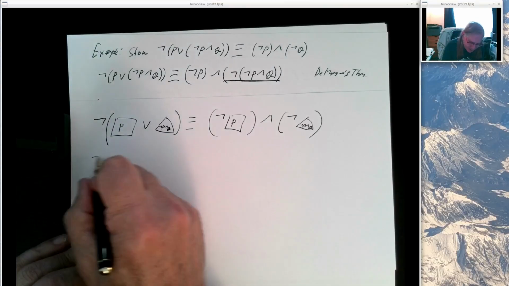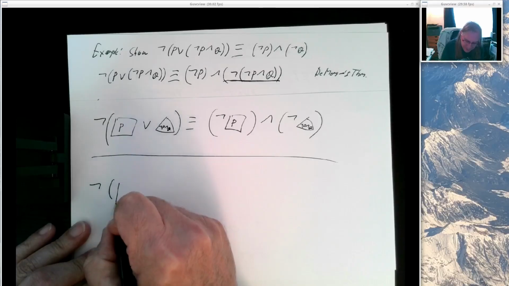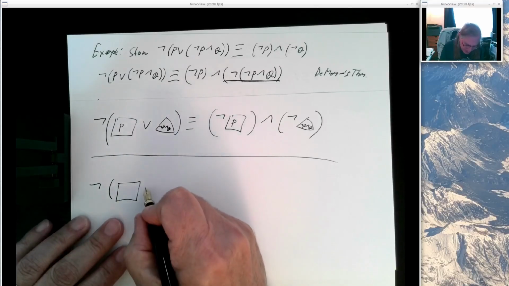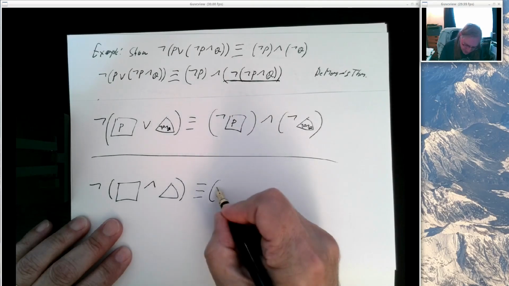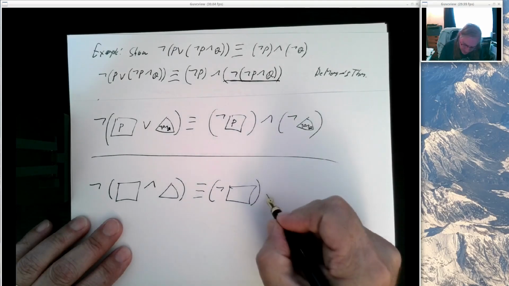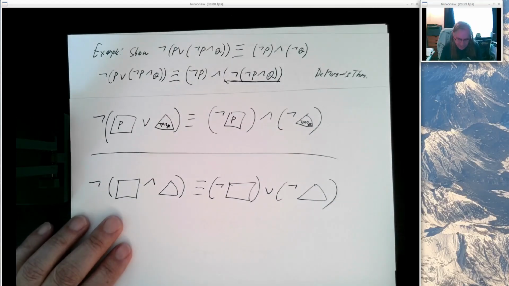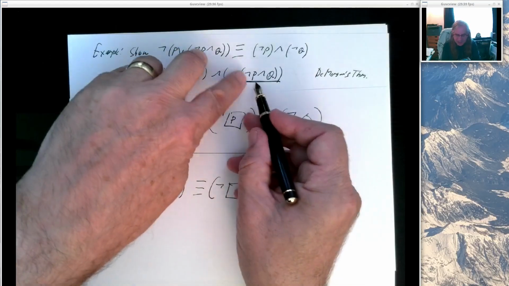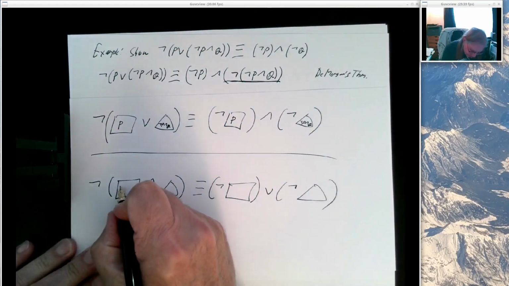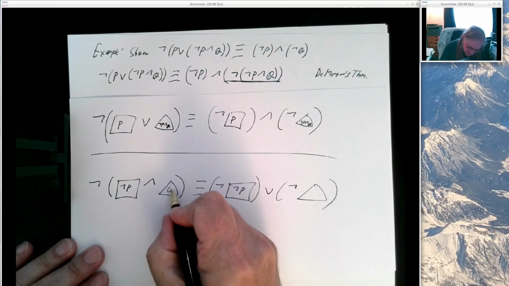So let me write De Morgan's theorem again. This is the other form of De Morgan's theorem: not box and triangle is equivalent to not box ORed with not triangle. I'm trying to manipulate this thing which says not P and Q. So my box is going to be not P, and my triangle is going to be Q.